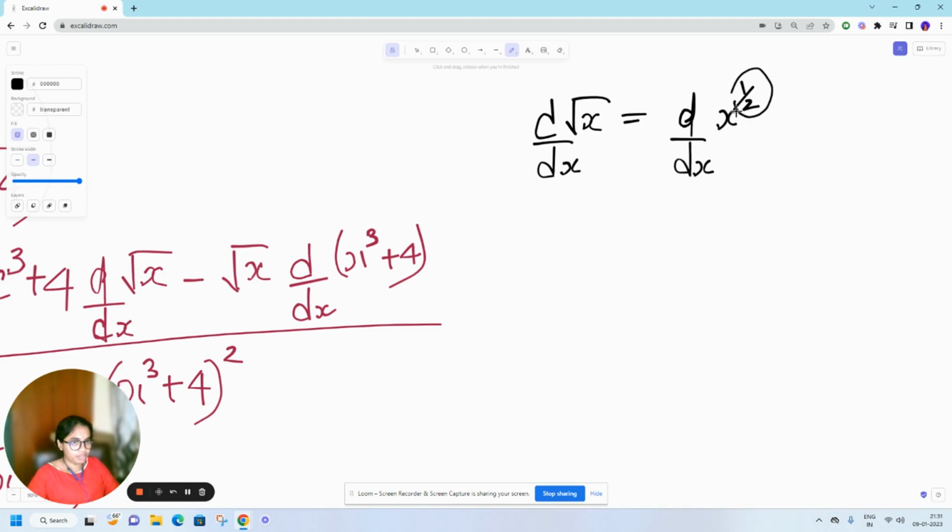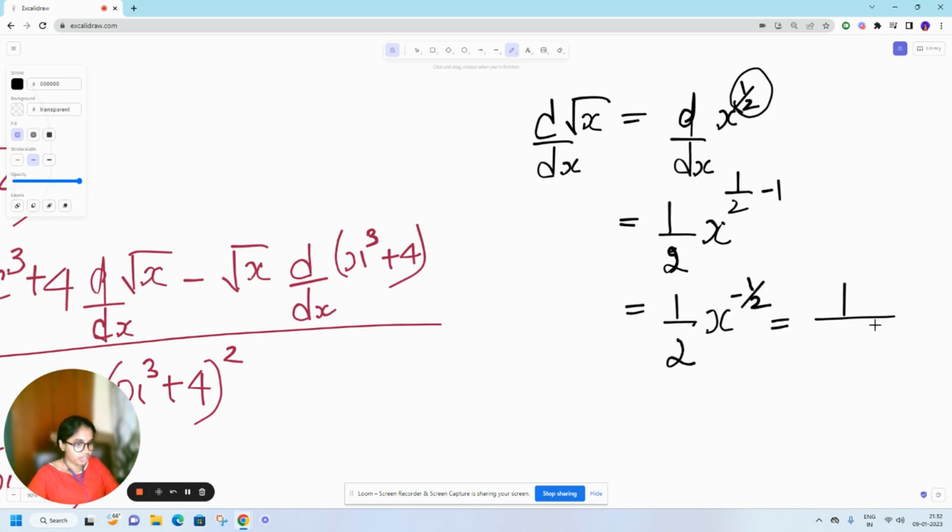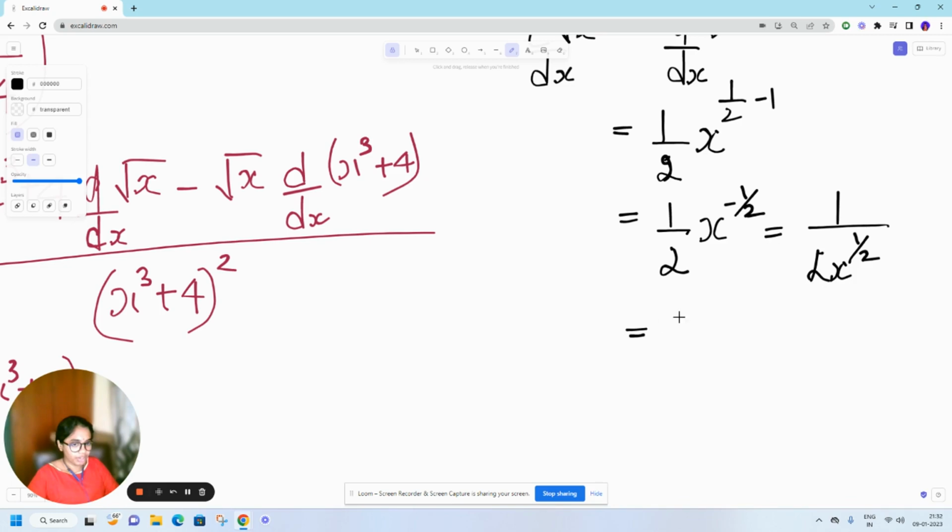So in the place of n I have half. So I will write it as half x to the power half minus 1, which is half x to the power minus half. If I send this x to the power minus half to the denominator, I would get 1 divided by 2 x to the power half, which is nothing but 1 divided by 2 root x.